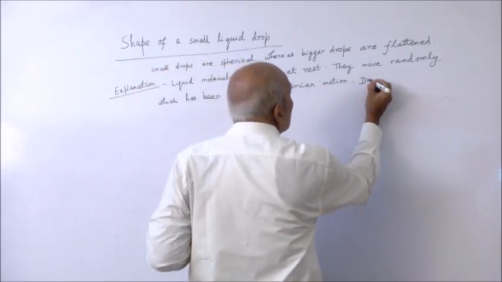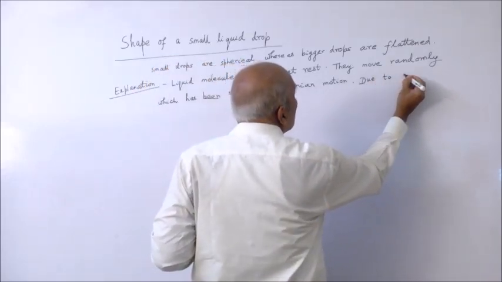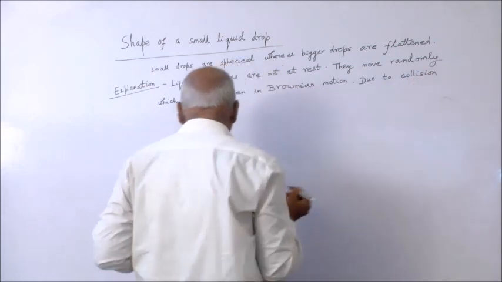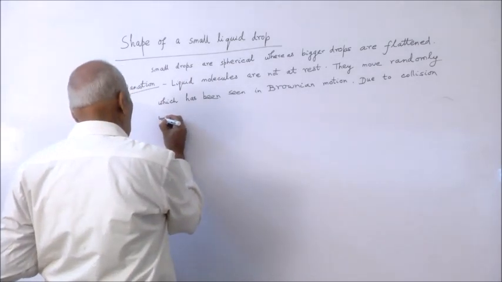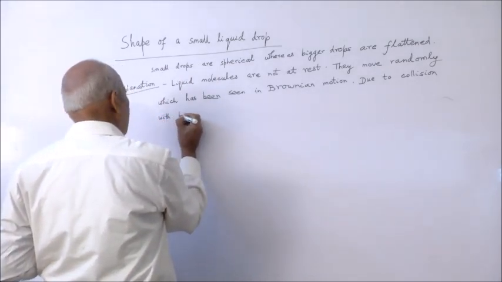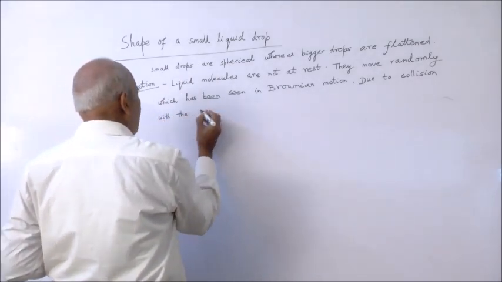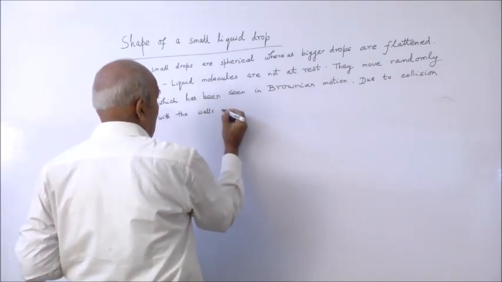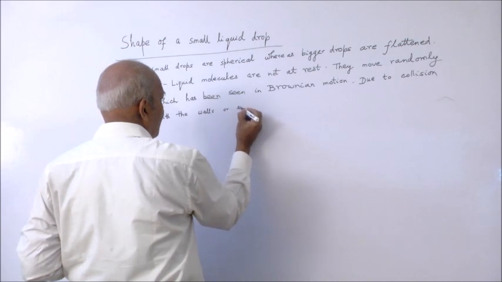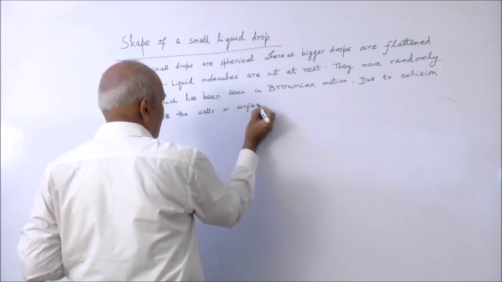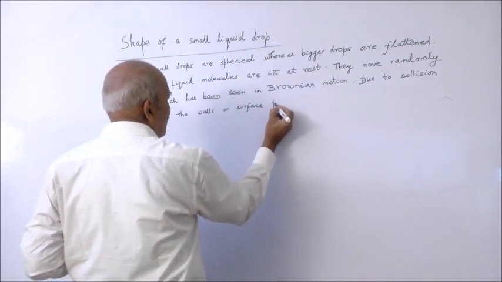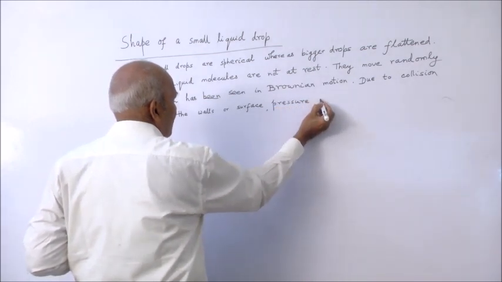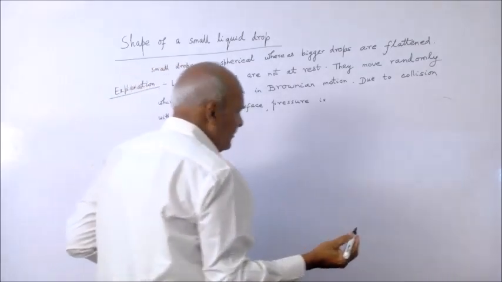Due to collision with the walls or surface, pressure is generated, because force per area is pressure.